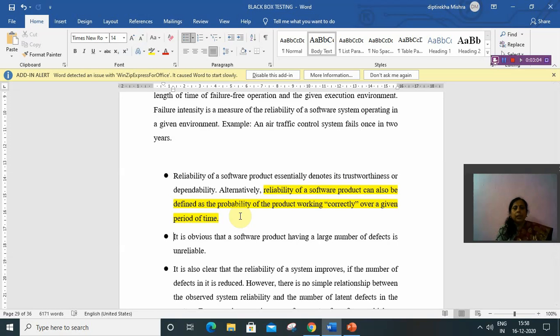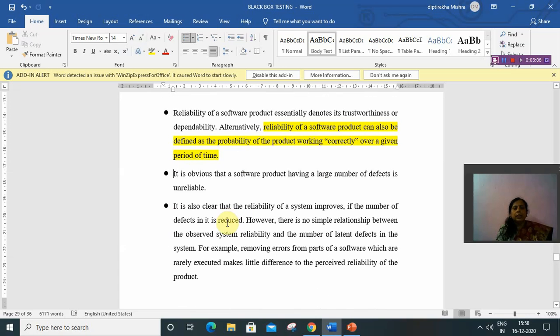Then if the software gives more defects or it fails more often, then that is an unreliable software. And it is also clear that reliability of a system improves if the number of defects is reduced. Means if the defects are reduced, if the bugs are removed from the software, then the reliability increases.